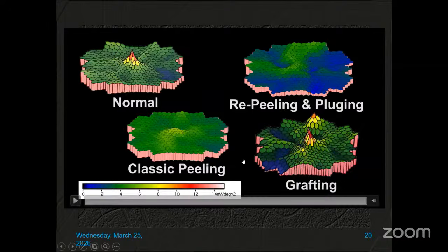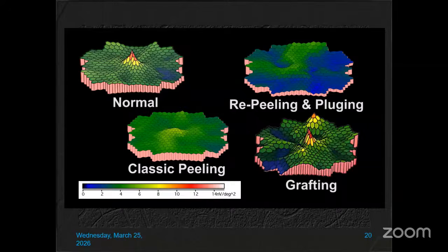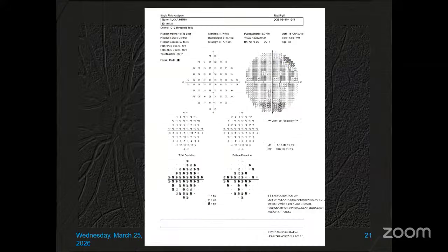Though there are some areas of depression surrounding that area, probably because of the previous surgery itself, it has come back, and the central area has the peak. I don't have the multifocal ERG for this, but I did a central 10-2 of the same patient.